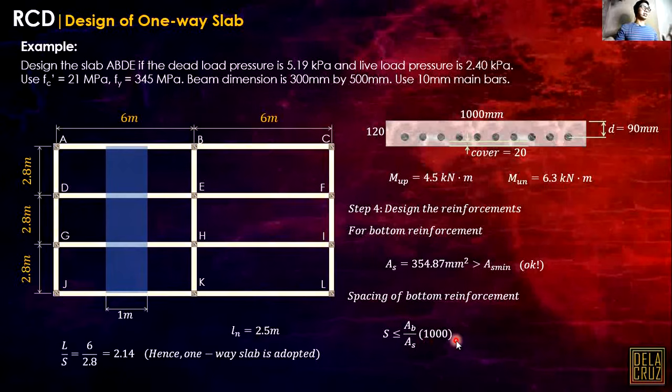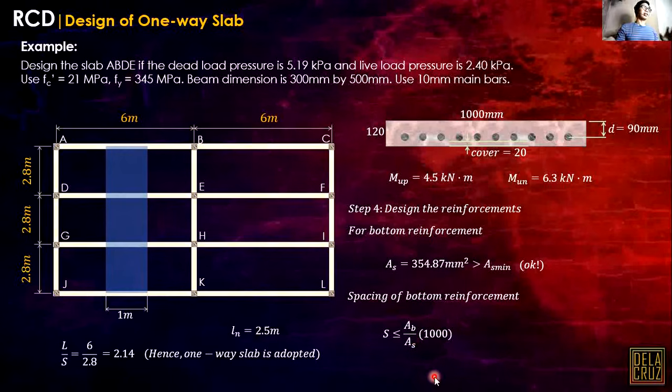Ito kasi yan. In every 1,000 millimeters, ganito yan, S over 1,000 millimeters is equal to or lesser than area of 1 bar over the AS.